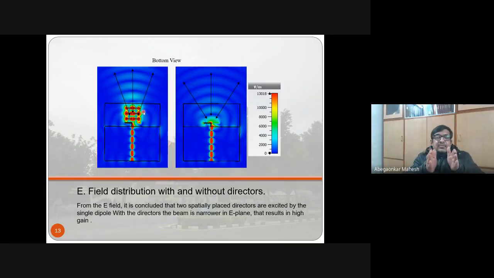So from the E field, it is concluded that two spatially placed directors are excited by the single dipole. With the directors, the beam is narrower in the E plane and it results in a high gain. The beam narrows, high gain. You can see the spread here. The spread is wider here, and here it is narrower.